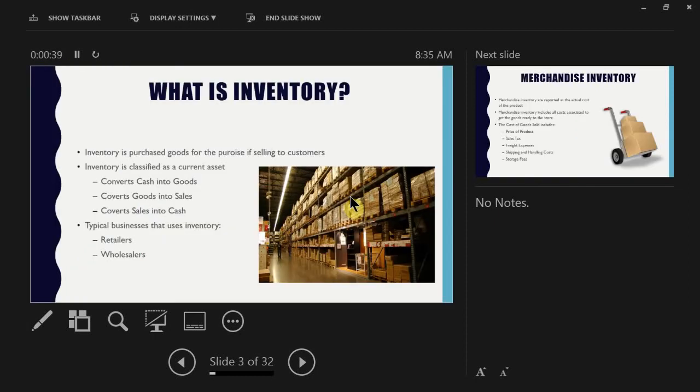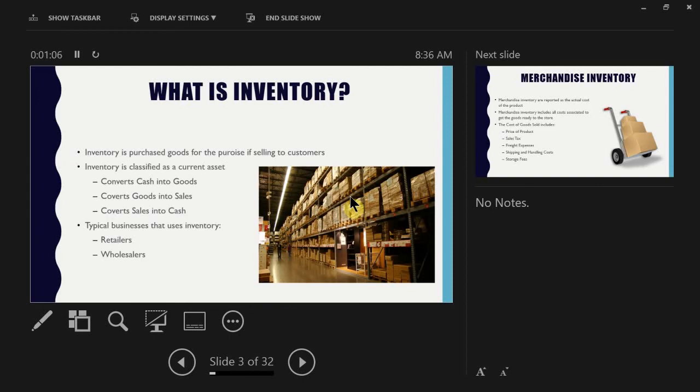Okay. Now, first off, what is inventory? Again, it's anything that you plan to purchase, and you want to convert the cash into a good, and you want to convert the good into a sale and convert the sales into cash. So, since we're only mainly focusing on merchandising activity, our main goal is we're not going to produce these items.